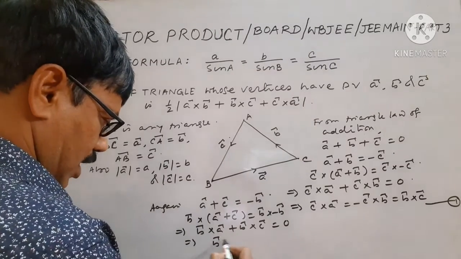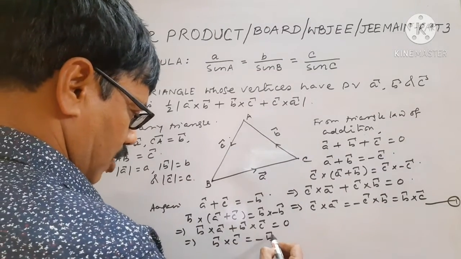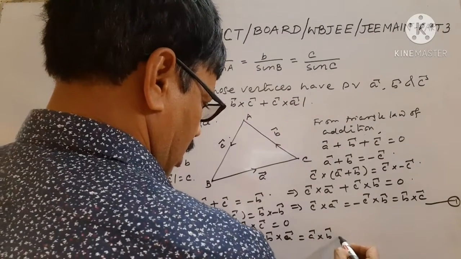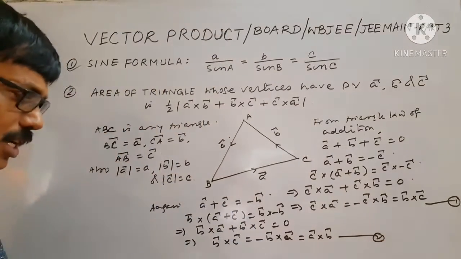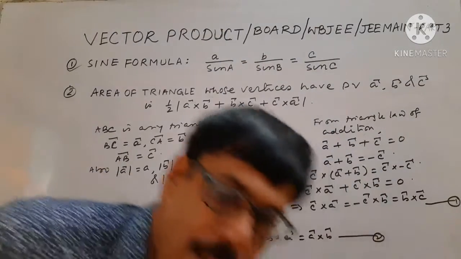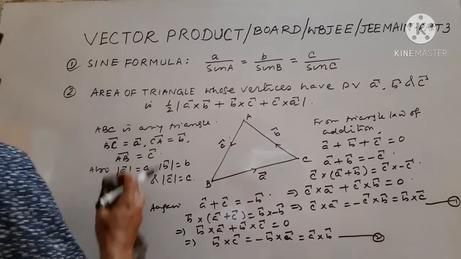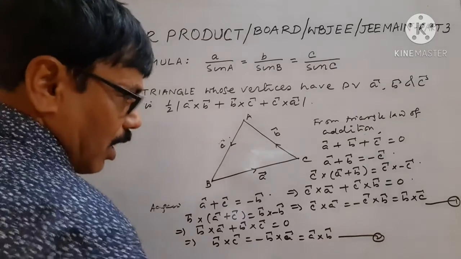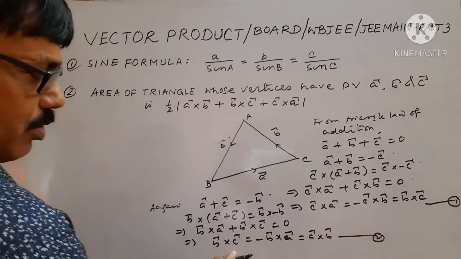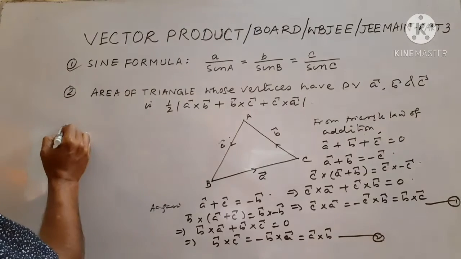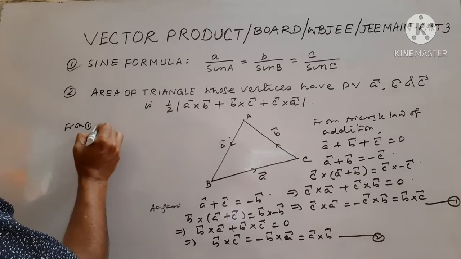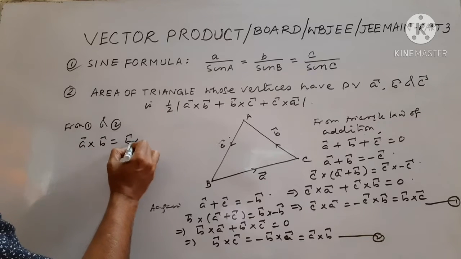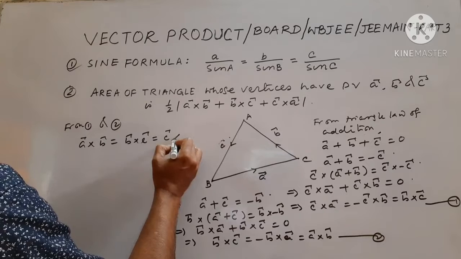So B cross C equals minus B cross A. This is anti-commutative, so you can write this as A cross B. So from 1 and 2, what are we getting? From 1 and 2, A cross B equals B cross C equals C cross A.